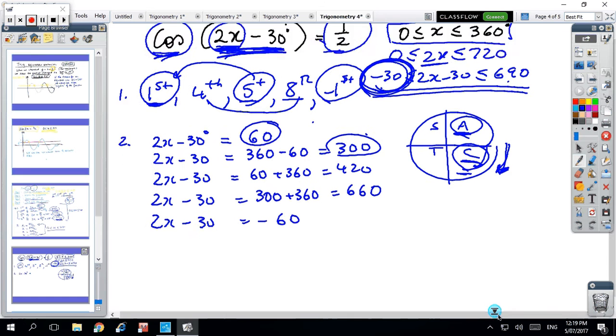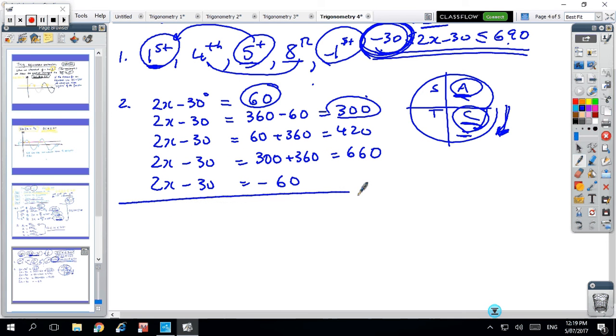Now, let's just follow through. We're going to take all of these answers, add 30 and then divide by 2. So the first answer is 45. Next answer, add 30 and divide by 2: 165.